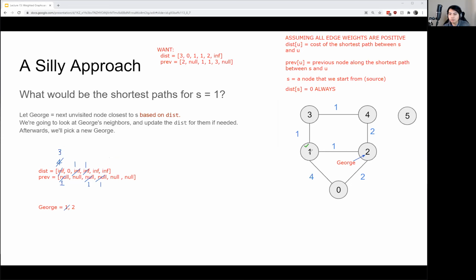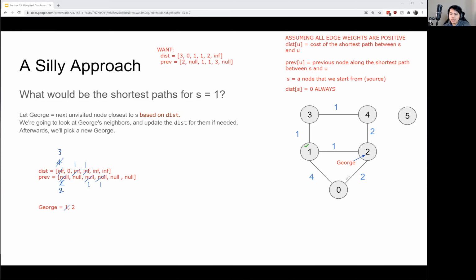The 4 came from going from 1 to 0 directly, but now that George is equal to 2, we realize that we can actually update the cost to get to 0 accordingly, which means that the 1 here now becomes 2. And you can see here, we're getting closer to the arrays that we want on the top here, where distance is equal to 3 and the prev is equal to 2.